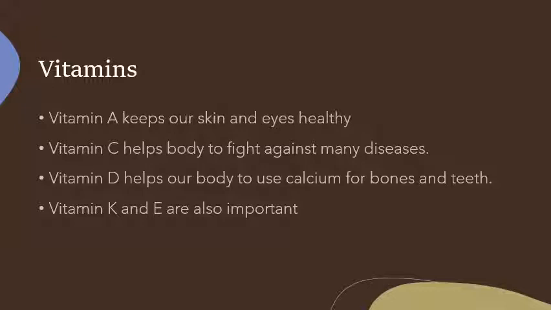Now, vitamin A is present in papayas, carrot, mangoes, and vitamin C is present in guava, lemon, chili, green chilies, amla. All these things have rich content of vitamin C. Vitamin D is rich in fish, eggs, and liver. All these three are important.